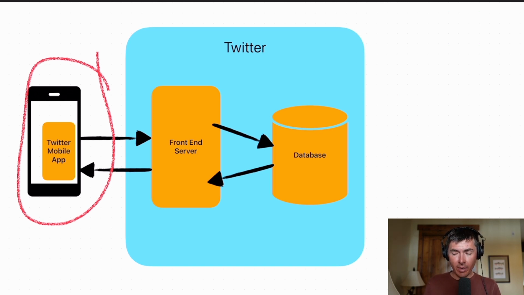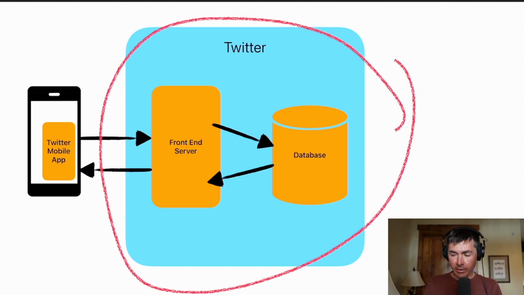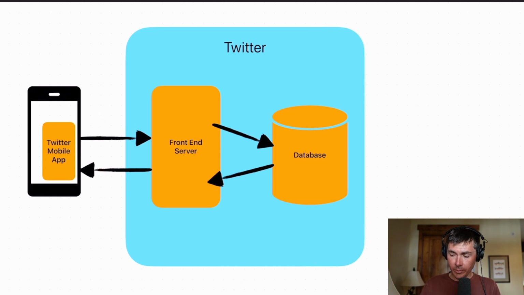And the way that works is your app is connecting to Twitter, the corporate server owned by Twitter, right? And that has a front end or a mobile front end that is going to go talk to the Twitter database, which is fully contained inside Twitter. And then that database will respond back to the front end, and the front end will respond back to your mobile app on your phone.